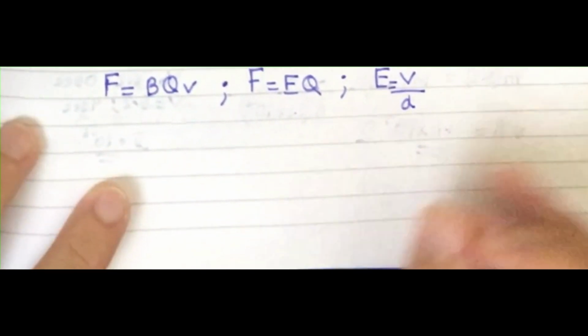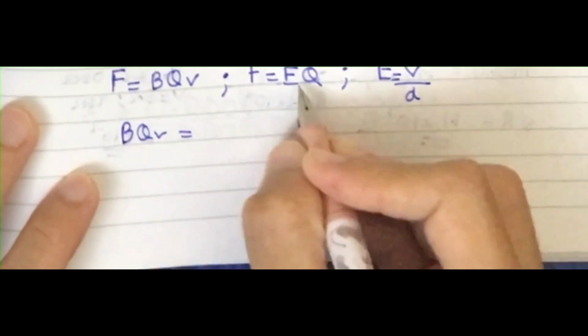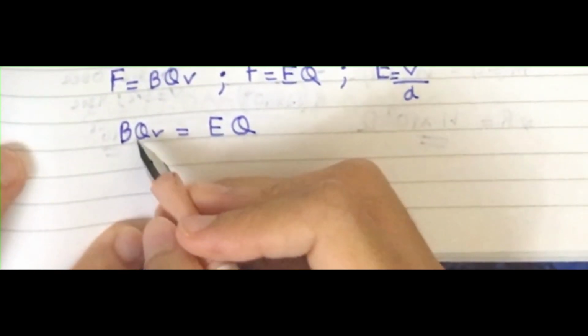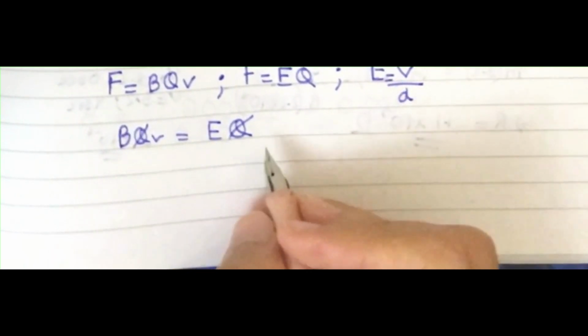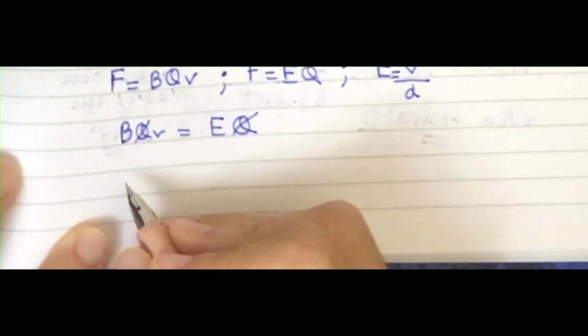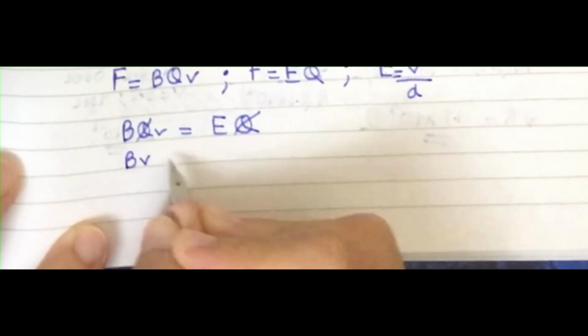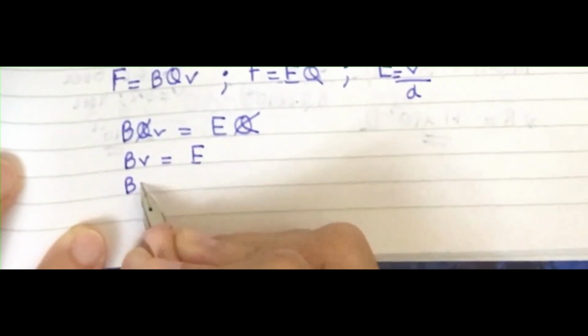So let's start making them equal. I have BQV, and I can make it equal to EQ. I can eliminate Q from both sides by dividing. Now I have BV equals E. I know E is V by d, so BV equals V by d.